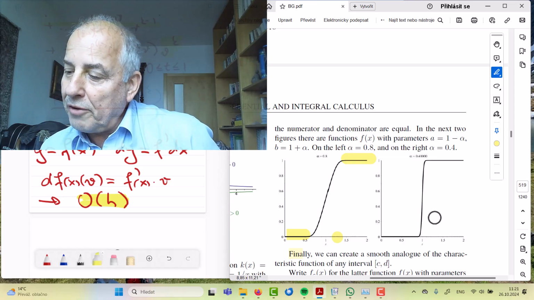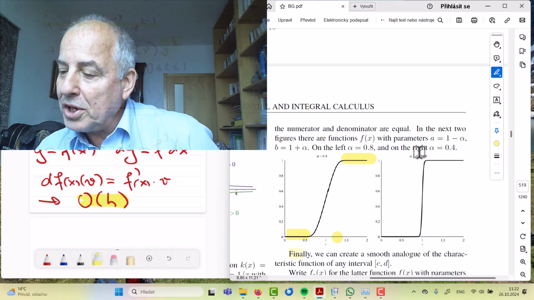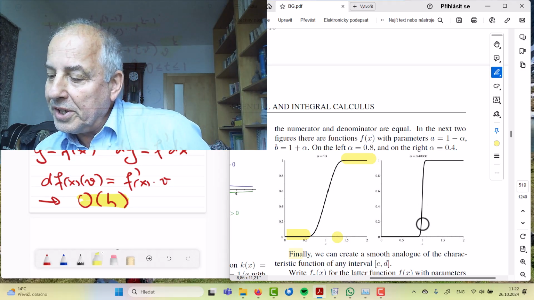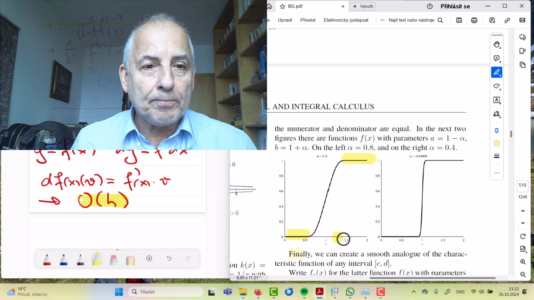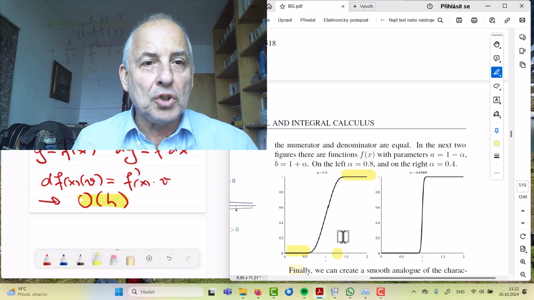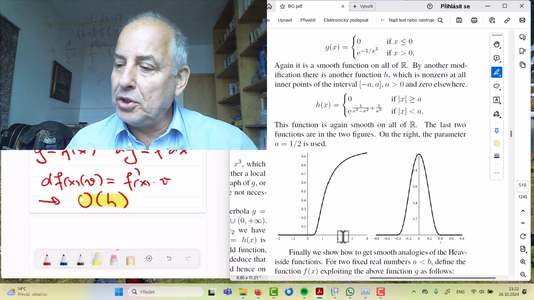Or you see, if alpha, so that's the jump here from this 0 to this 1. Here it's 0.8. In the definition upstairs here it's just 0.4, so it goes much faster, and this is something which is useful, and to understand it is quite easy. So you see, this is our G1.